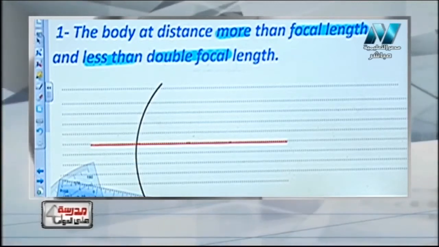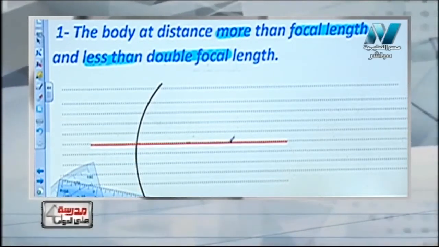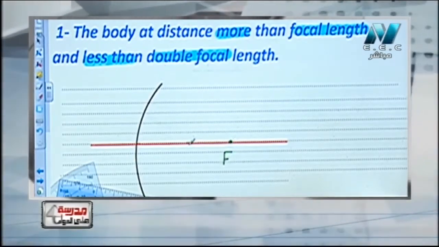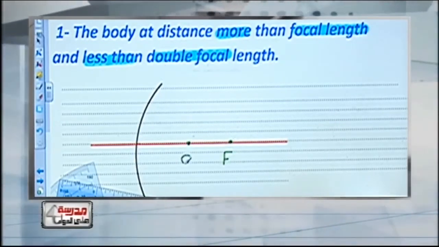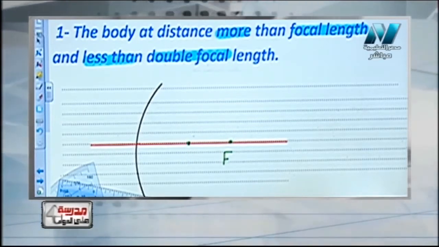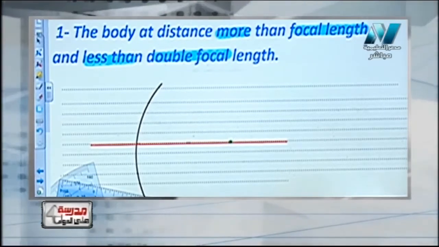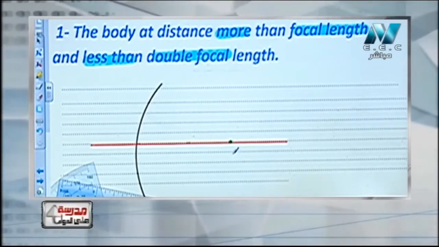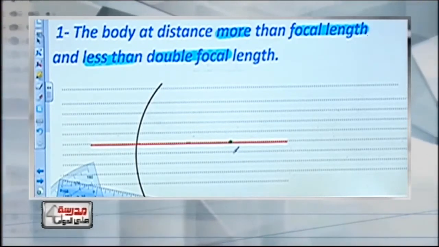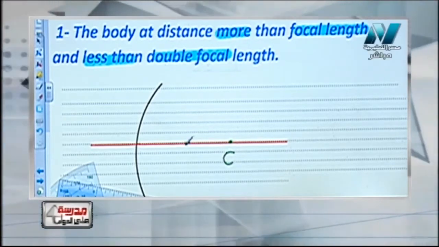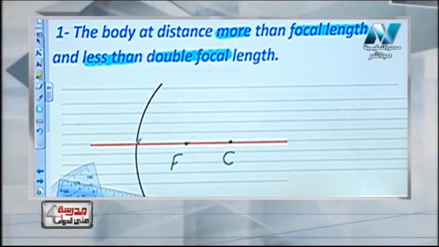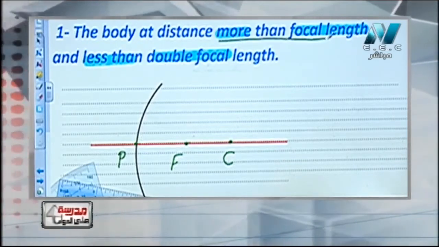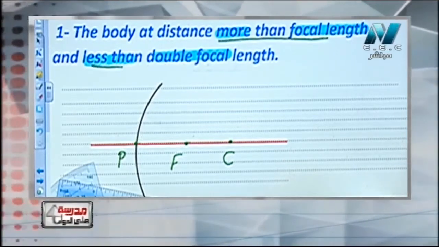For all light rays and the principal axis, we should use the ruler. So we have C, we have F, we have P. The object is at a distance more than the focal length but less than double the focal length.